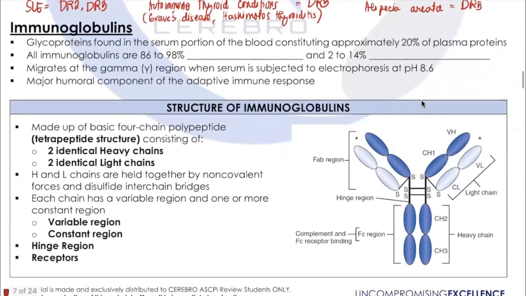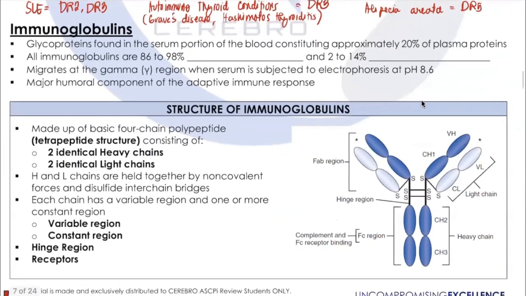Now, let us proceed sa mga immunoglobulins or antibodies. So immunoglobulins or antibodies, these are glycoproteins. Ibig sabihin, they are made up of protein and carbohydrates, and they constitute approximately 20% of our plasma proteins. So lahat ng mga immunoglobulins are glycoproteins because 86 to 98% of their structure is made up of polypeptide, and 2 to 14% is carbohydrate.